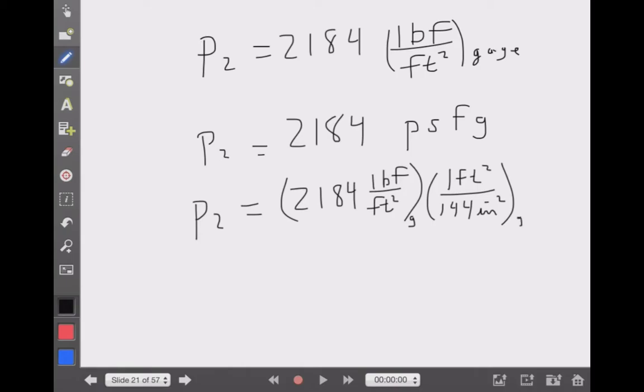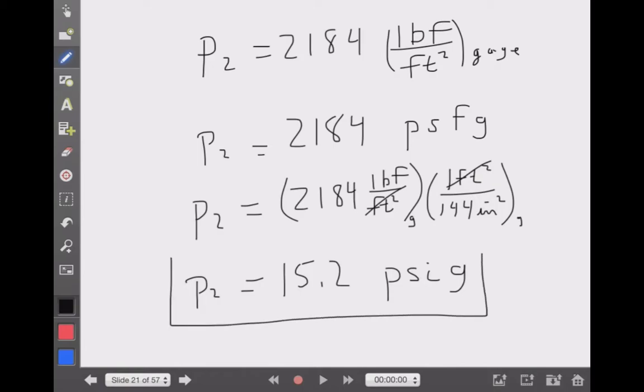What this gives us is the final units. The pound force is still going to be there, but we're going to have pound force over inches squared, which is PSI, and that also is gauge, PSIG. And 2184 divided by 144 is 15.2. So if we go 35 feet down into water, we are experiencing 15 pounds per square inch pressure on our ears. That's why it's a little hard to go down that far.